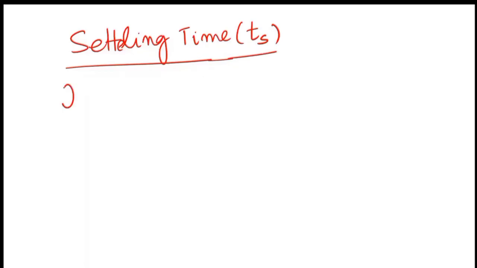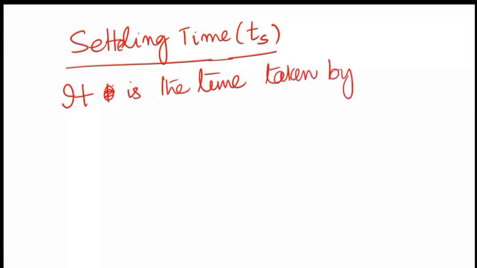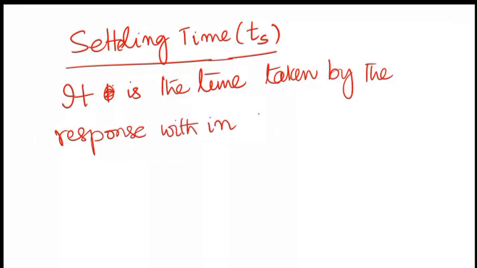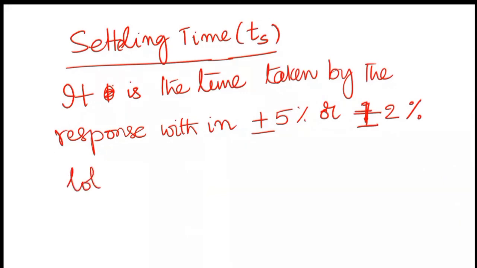It is defined as the time taken by the response to settle within plus or minus 5% or plus or minus 2% tolerance band of its final value.